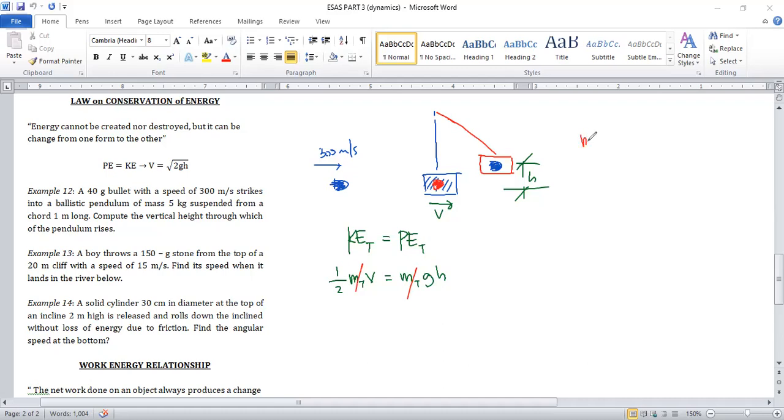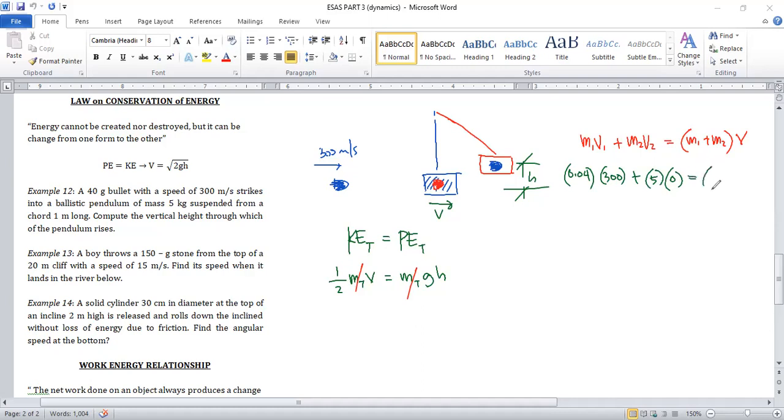Okay, such that we have M1 V1 plus M2 V2, equivalent to M1 plus M2, multiplied by the velocity V. M1 is 40 grams, so that's 0.04 kilograms multiplied by 300, plus M2, that's 5 kilograms, but multiplied with 0, since the initial velocity of the pendulum is 0, since it is hanging.